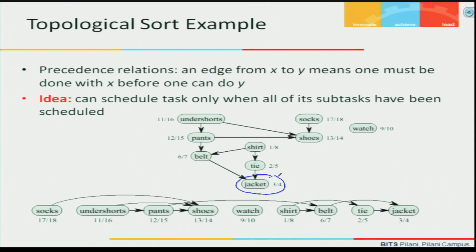As you do your DFS, this vertex is going to get exhausted, or marked black, initially. So, its finishing time will be least, and that is going to be first inserted into the linked list.